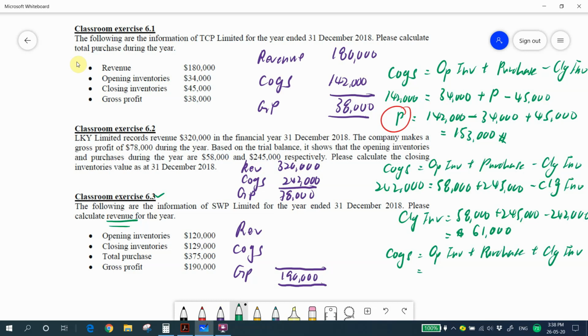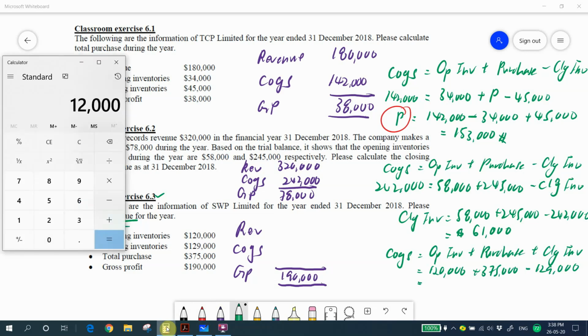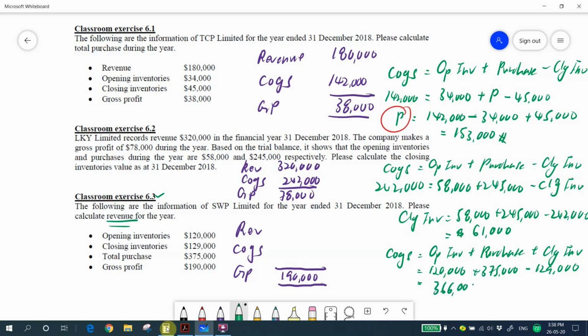Opening is 120,000, purchases 375,000, closing inventory is 129,000. Using the calculator, 120 plus 375 minus 129 is 366. So 366,000 will be the COGS.